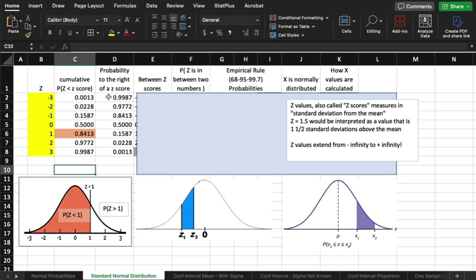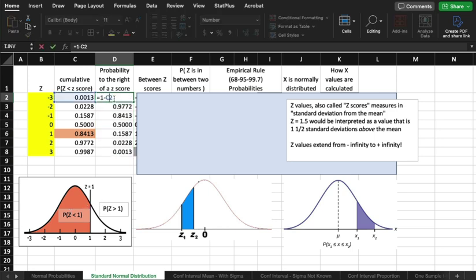So let's calculate all of those probabilities to the right. And we're just going to use the complement rule there. So in cell D2, type equals 1 minus C2. We're going to use the fact that those two portions on this picture, the orange and the white, have to add up to 1.